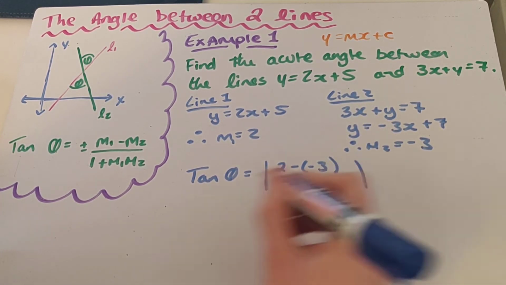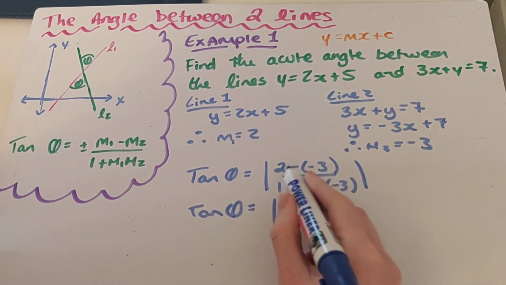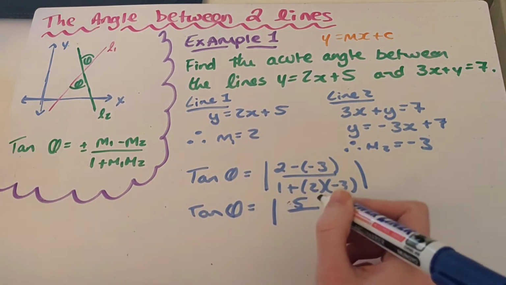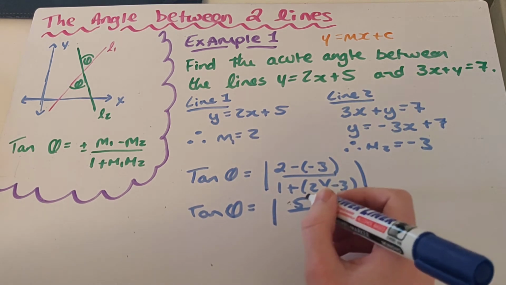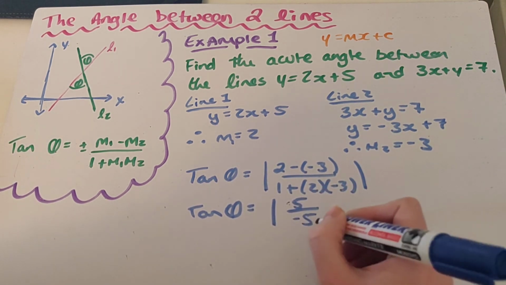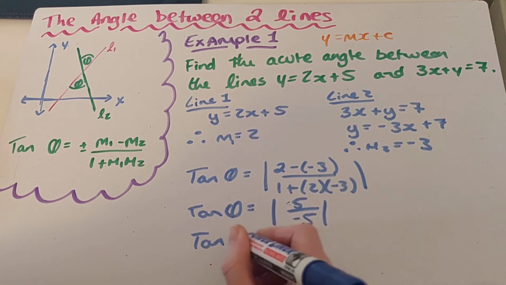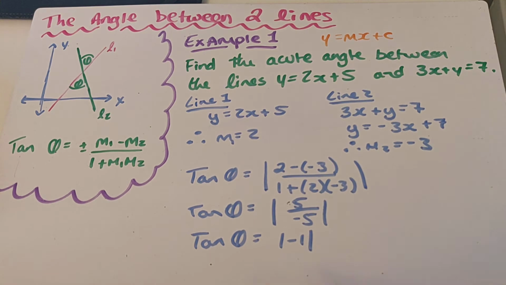Which means here, guys, I get tan theta is equal to 2 plus 3 is 5 all over 1 plus 2 by minus 3. 2 by minus 3 is minus 6 and 1 minus 6 is minus 5, which means we get the modulus of minus 1, which we're going to presume is positive 1. Okay, so we're now going to say that tan theta is equal to positive 1.